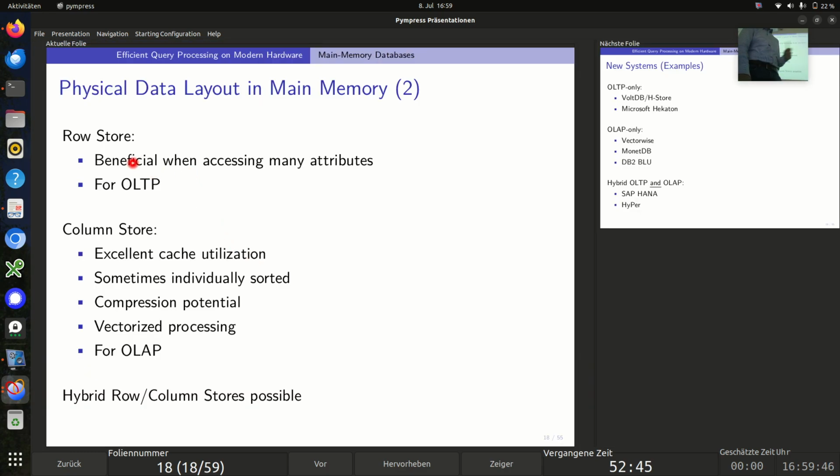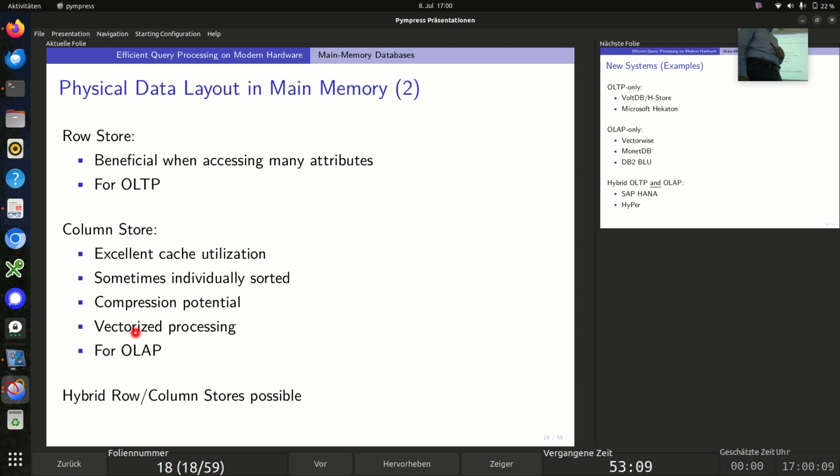So here again the summary. Row store is good for OLTP if you change the whole tuple, because you cache the whole tuple, modify it and write it back, and therefore row store is good for transactional workloads, whereas column store is good for OLAP, for analytical workloads.